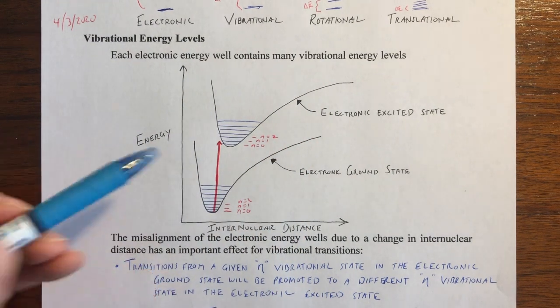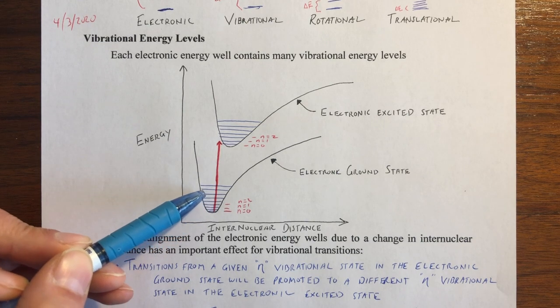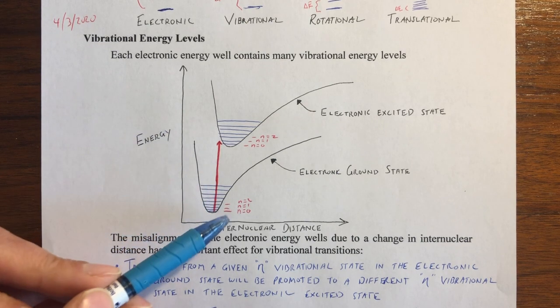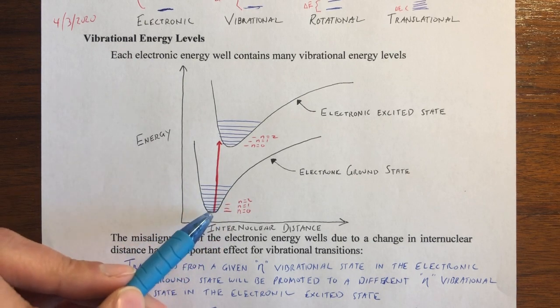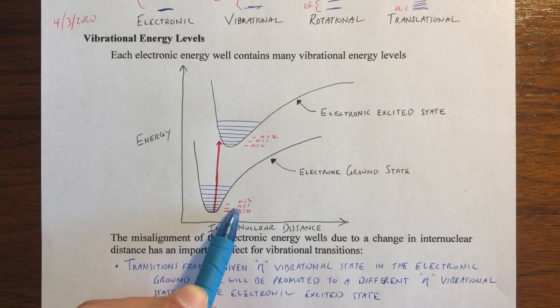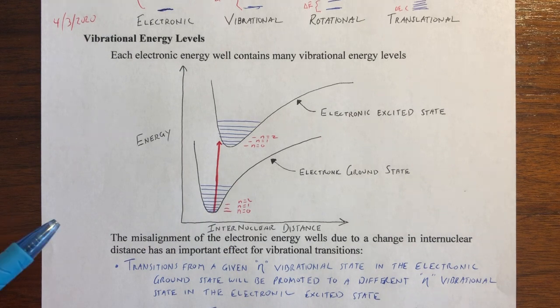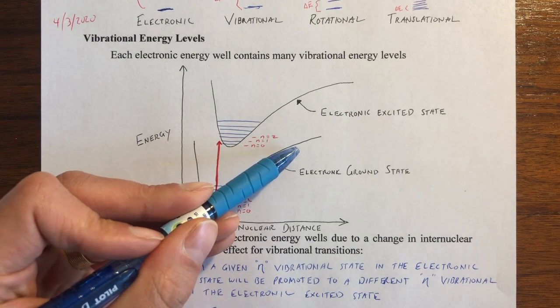So inside of these energy wells, we have more than one vibrational level within it, beginning at n equals 0 and continuing upwards. So this n equals 0 down here is our n equals 0 vibrational level. Here is our n equals 1 vibrational level and our n equals 2 vibrational level within the electronic ground state.